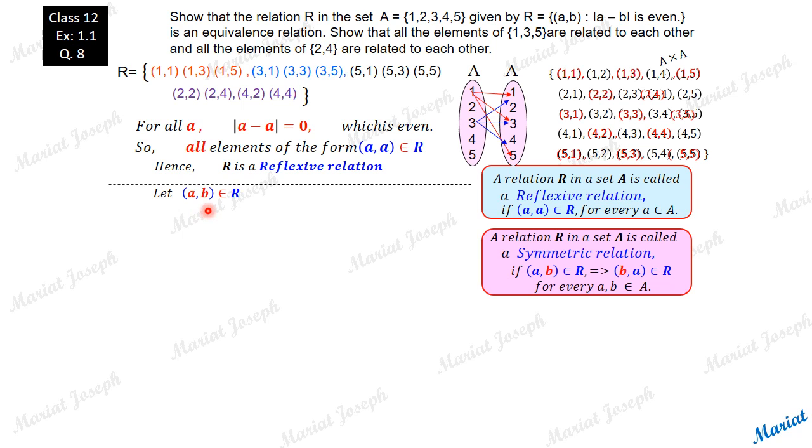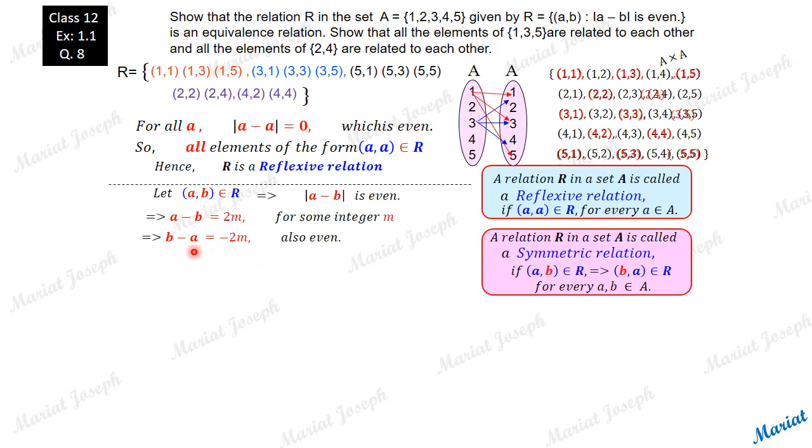So a representative (a, b) is taken, which means modulus of a minus b is even. Only then such (a, b) will belong to this relation. It implies a minus b can be written as 2m for it to be even, where m is an integer. If a minus b is 2m, what about b minus a? b minus a will be minus 2m.